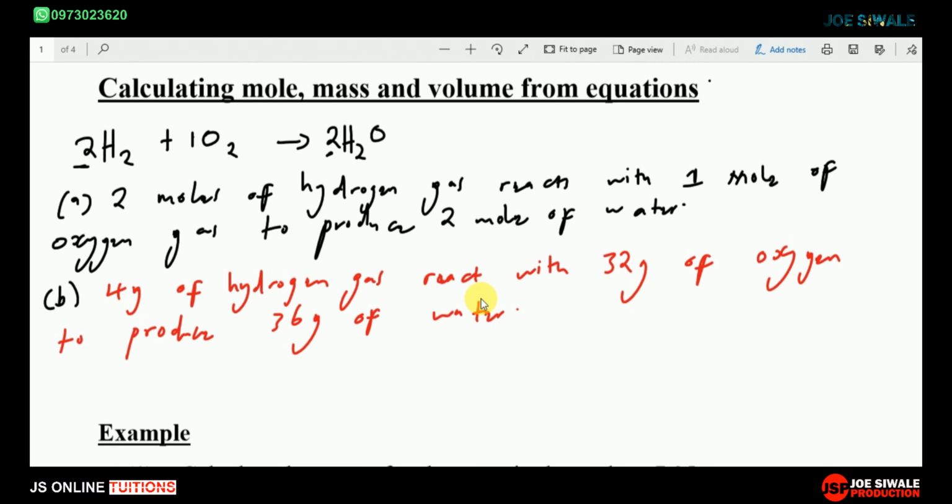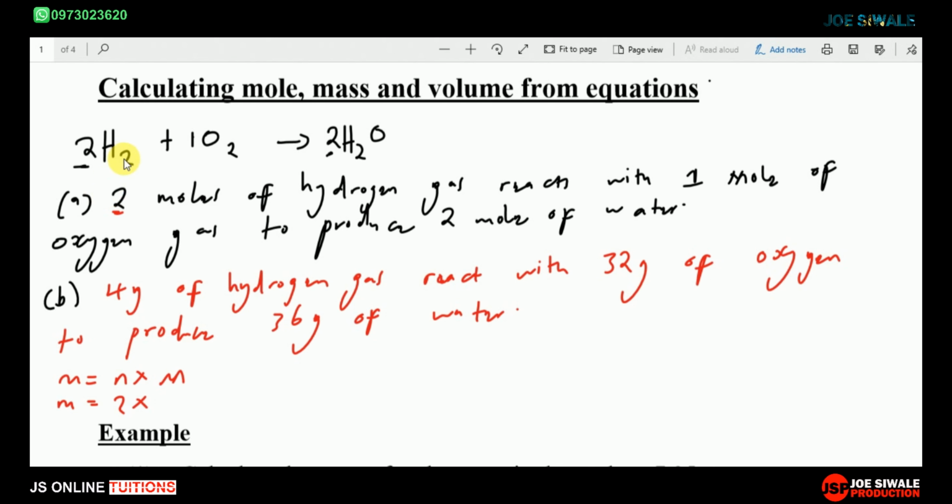How are we finding the 4 grams of hydrogen gas? We know that mass is equal to number of moles multiplied by the molar mass. We know that we have 2 moles of hydrogen gas, so we're going to say 2 multiplied by the molar mass of hydrogen gas.